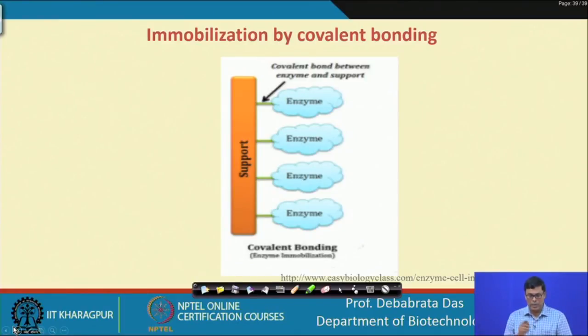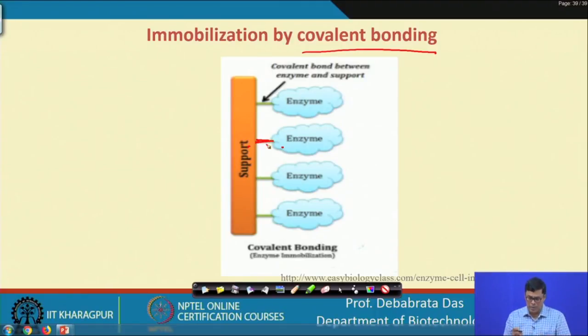But the strongest bonding that we have is covalent bonding. You see that there is a bond between the support material and the enzymes, and this is electron sharing, and due to the sharing of electrons, it holds the enzyme very tightly.